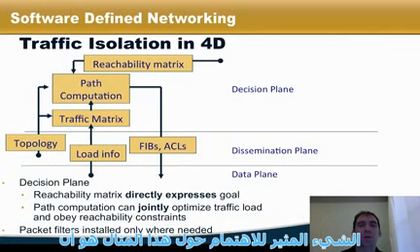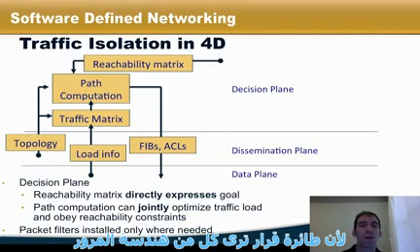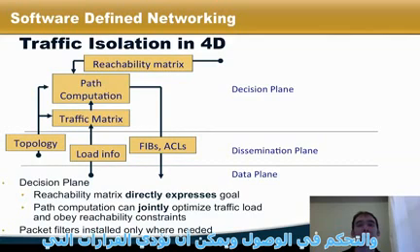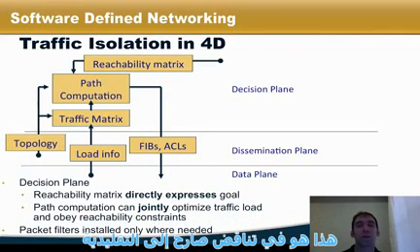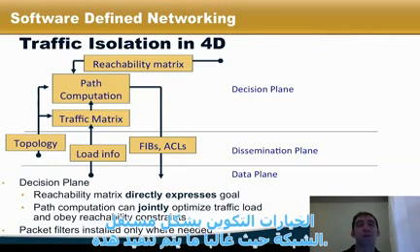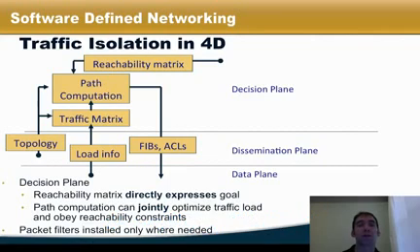The interesting thing about this example is that because the decision plane sees both traffic engineering and access control, it can perform decisions that optimize traffic load while still respecting reachability constraints. This is in stark contrast to a conventional network, where these configuration options are often performed independently.